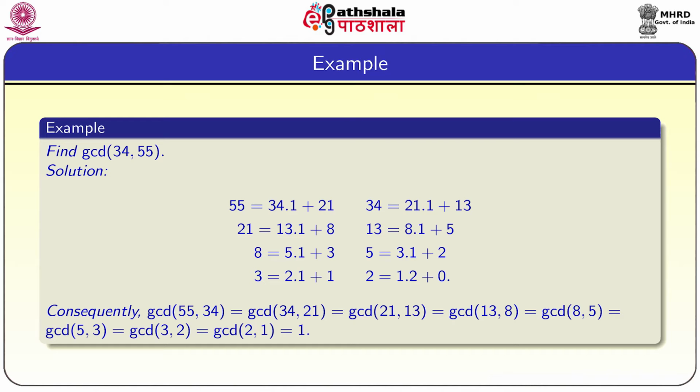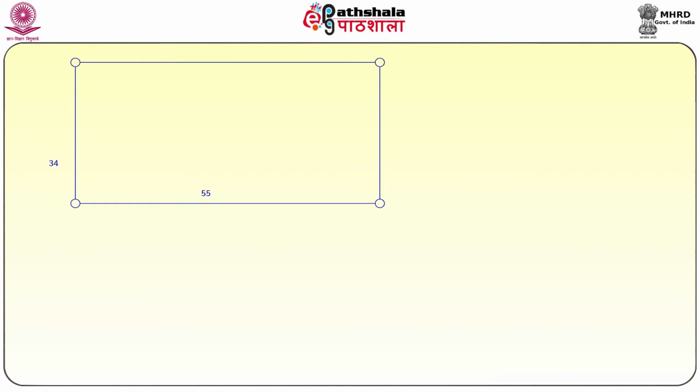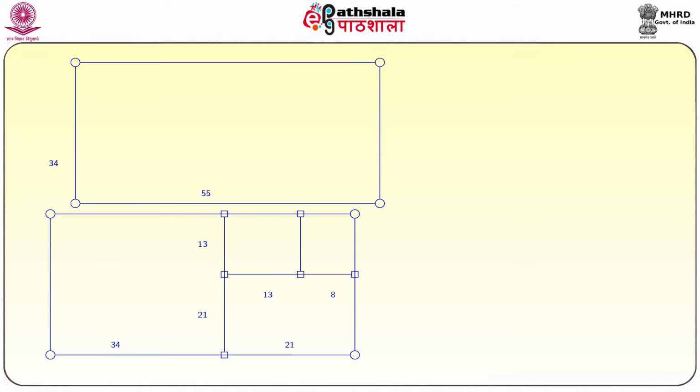So, this example we will illustrate again geometrically by a figure like this. Let us take a rectangle with sides 55 and 34. Then what we are doing here is that the length 55 is divided into 34 and 21.